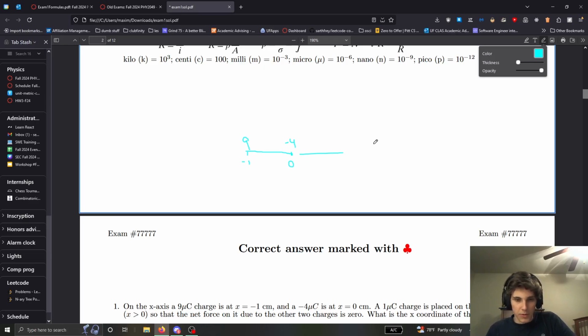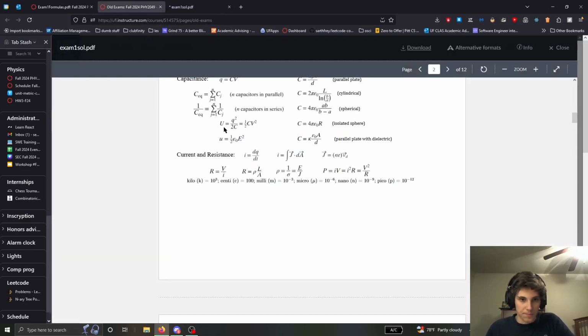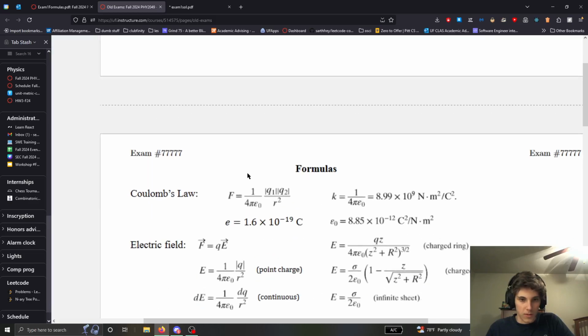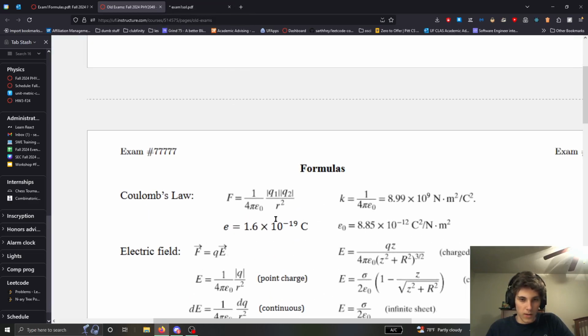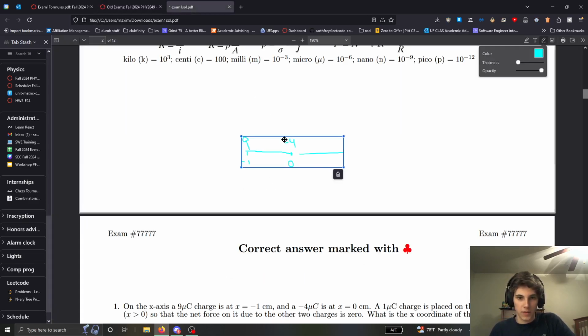The way we can do that is by using Coulomb's law. The actual charge and k are inconsequential. We just want to set these equal to each other. So we have 9 over 1 plus x, where this line here is our x, and that should be equal to 4 over x.